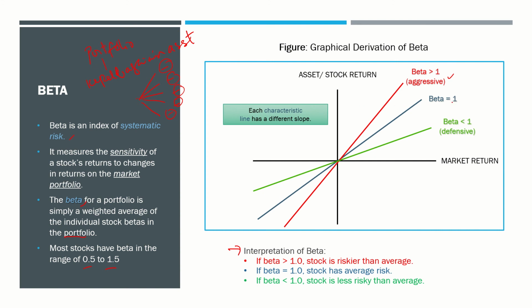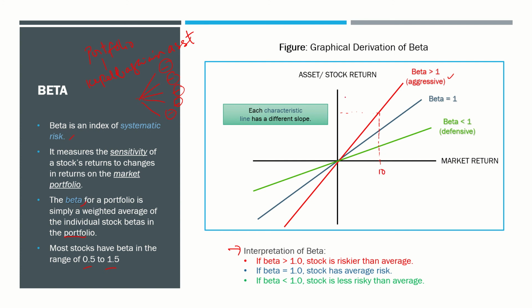Okay. Kemudian beta sama dengan 1 di mana average. Okay. Kalau kita tengok draw the line, ni asset stock return, ni market return. Okay.